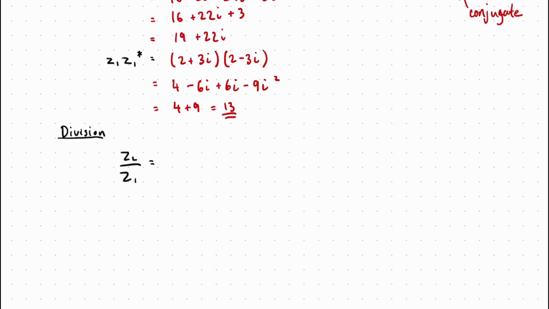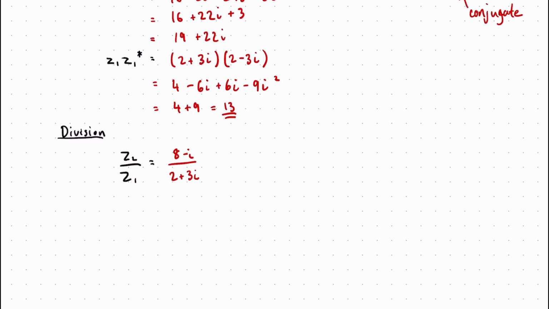Now let's have a look at division. So we're going to do z2 divided by z1. So z2 is 8 minus i, and we're going to divide it by 2 plus 3i. Well, you can't do anything at the moment with this.